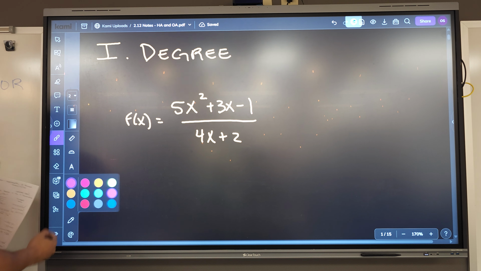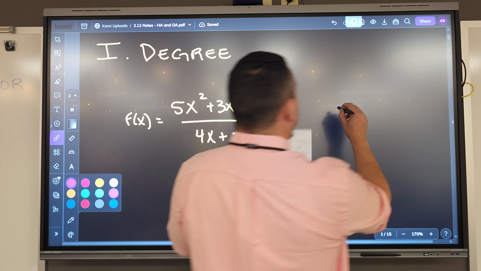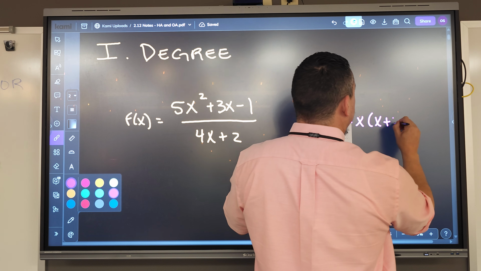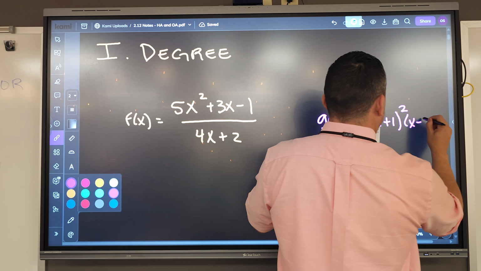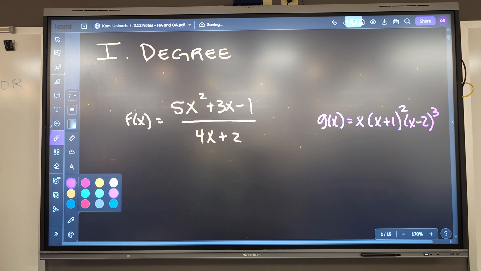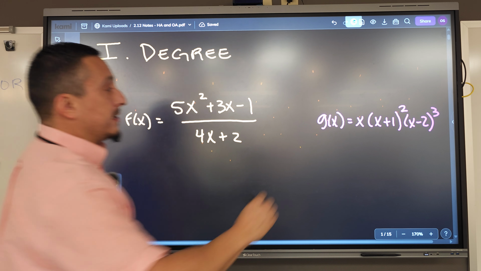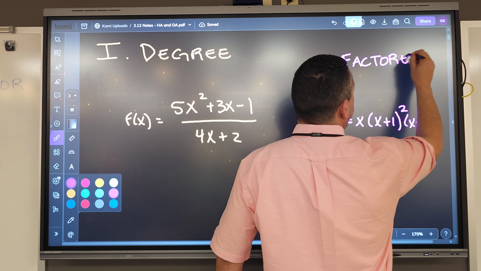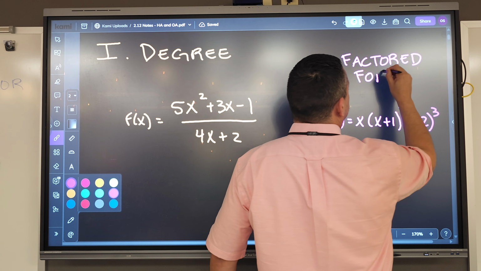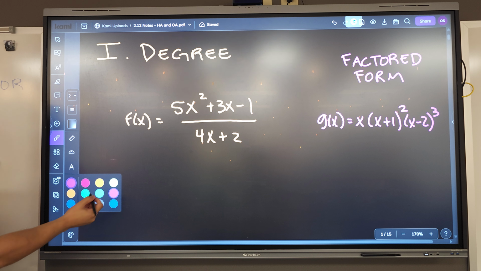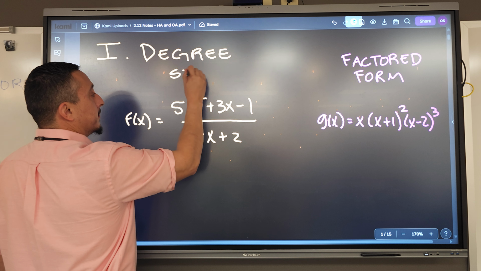On the last unit, we also worked on these polynomials, as you recall. But the way you calculate the degree is very different. This one is called factored form of a polynomial, and this one over here we call standard form.